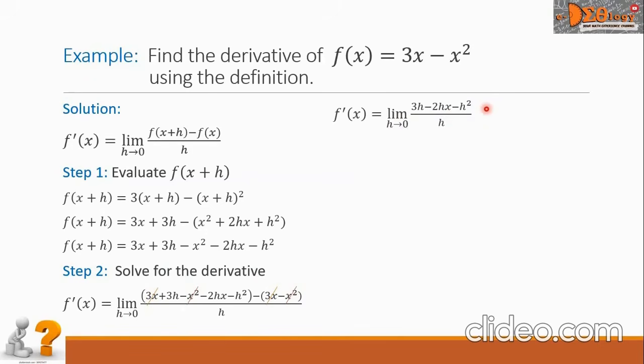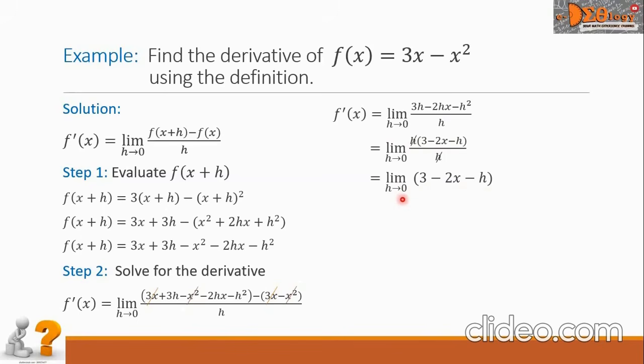Let us factor it out. So we have h times the quantity 3 minus 2x minus h, all over h. So we can cancel the h in the denominator with that common factor. Simplifying further, we have the limit of the quantity 3 minus 2x minus h as h approaches 0.